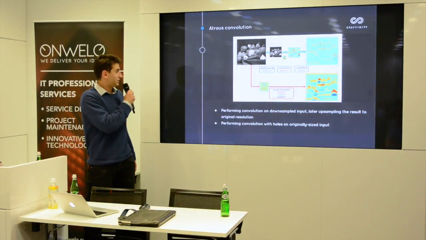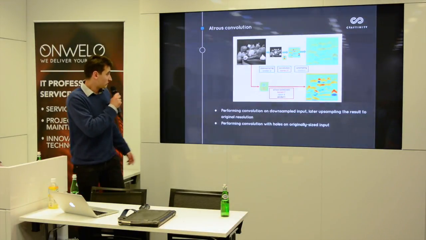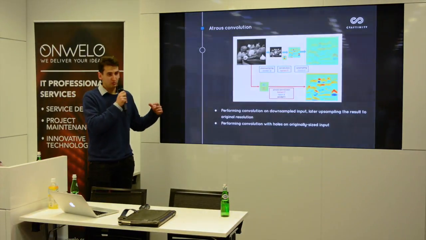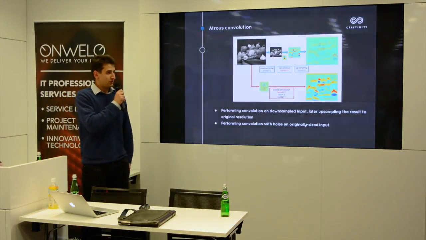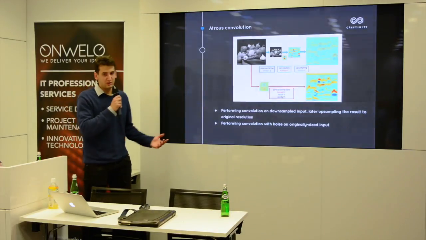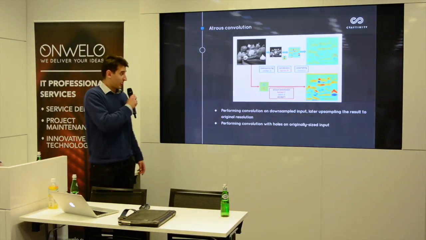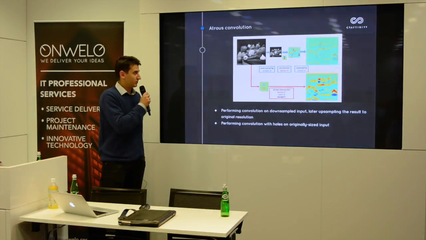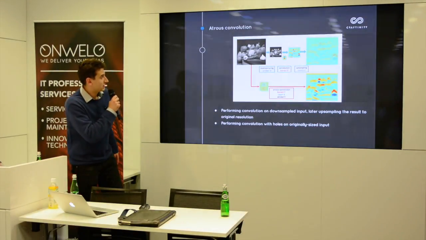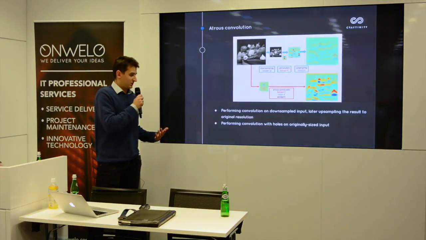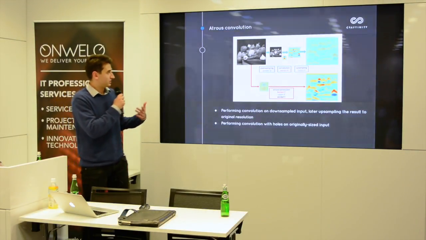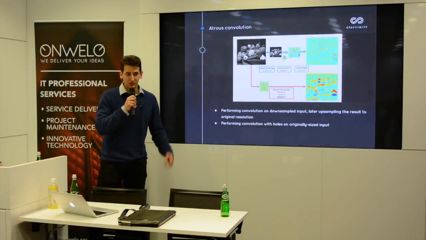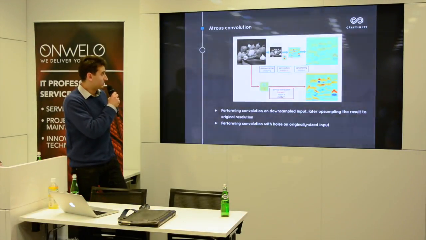In this upper branch, we take the input, we downsample it with the factor of 2, later perform the standard convolution, we have some output feature map, and later we upsample it with the factor of 2, and in this output we can see that there are some holes. That's because we have only a fourth fraction of values compared to the original input.